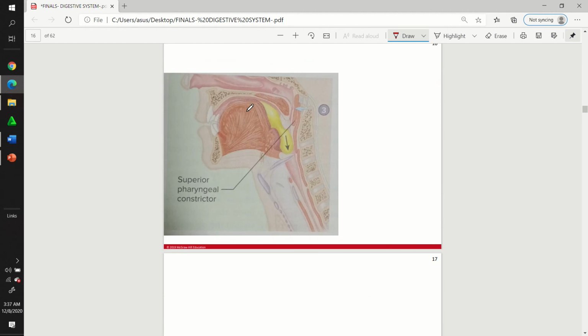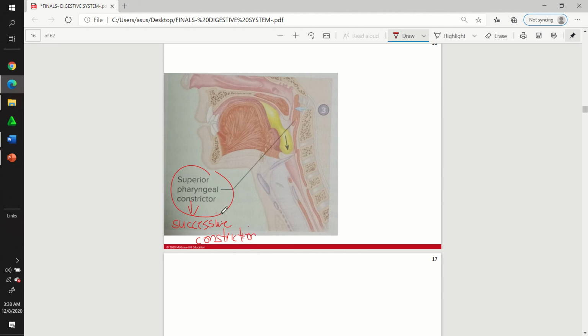Now, in this phase class, you see the three pharyngeal constrictor muscles there. They contract in succession. Successive constriction. Okay, I'll repeat.